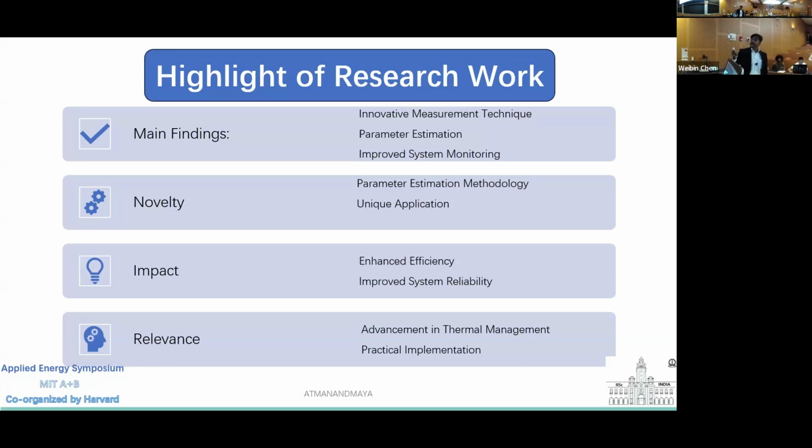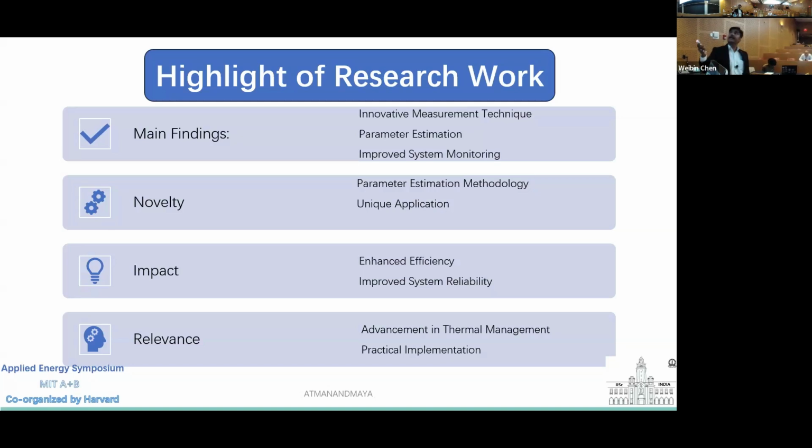Another thing is the parameter estimation of the Peltier module, because the manufacturer is not revealing the material aspects of the Peltier module. I'm trying to extract those parameters for the Peltier module. And again, there is improved system monitoring and control for the desalination process.